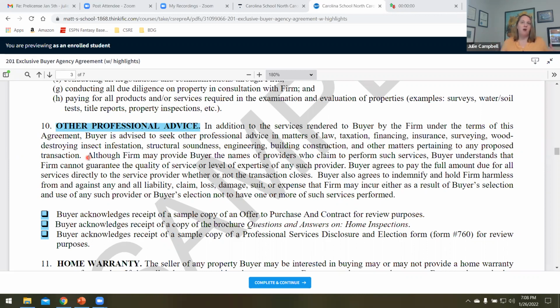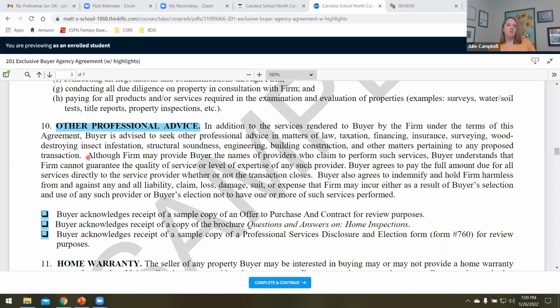And that's why I respond with stuff like, here's a list of 2 or 3 closing attorneys I've used that I've had a good experience with. Home inspectors, lenders. If I tell my buyer, here's 3 home inspectors, does my buyer have to use any of those 3 home inspectors? No, they're free to hire whoever they want to.